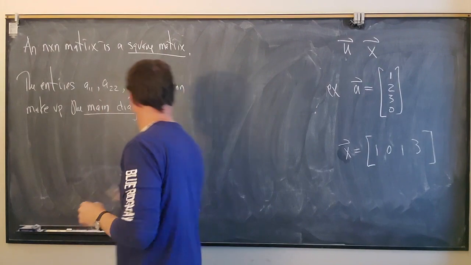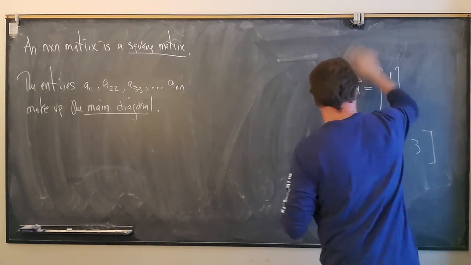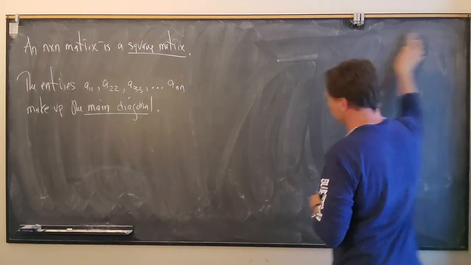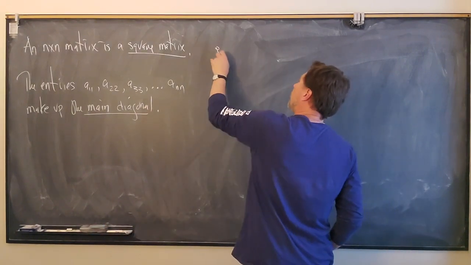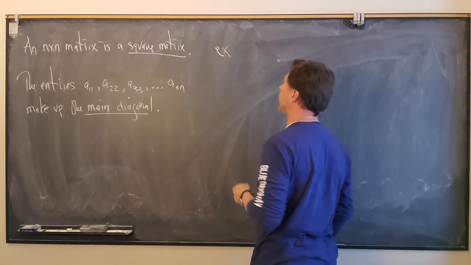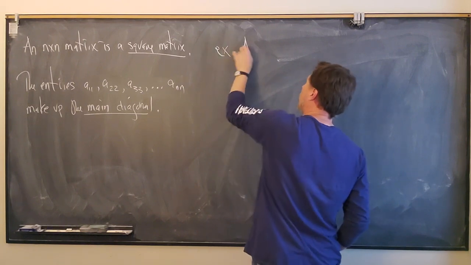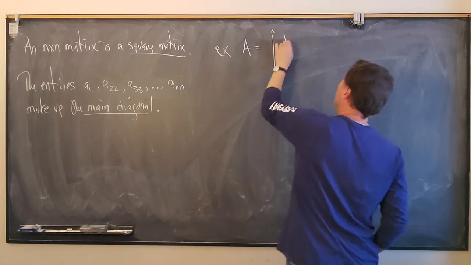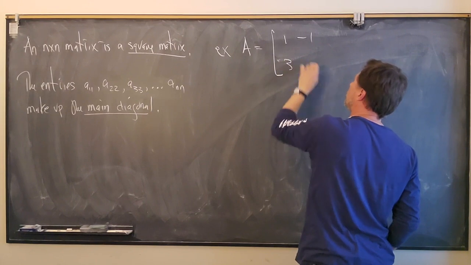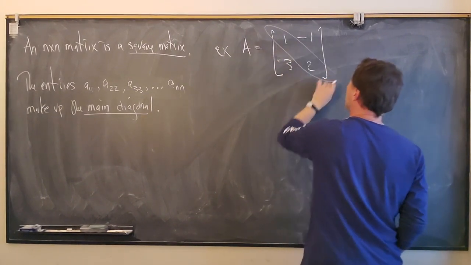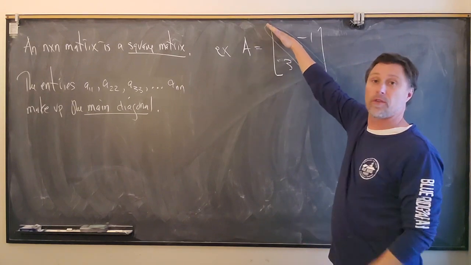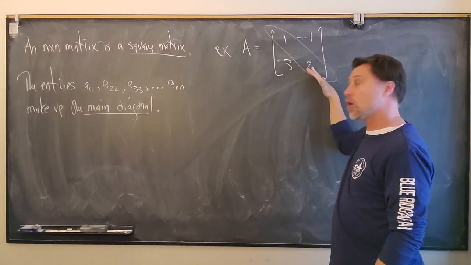So yeah, let's draw a picture here. So here's an example of a 2 by 2 matrix. So here's a square matrix. Let's say A equals 1, minus 1, 3, 2. So the entries on the main diagonal, those are the ones that run from upper left down to lower right.